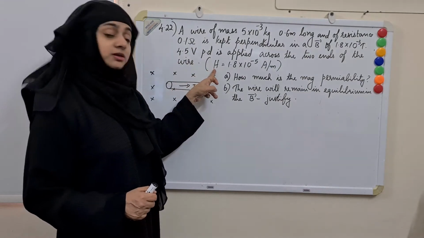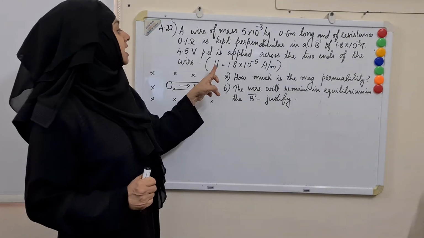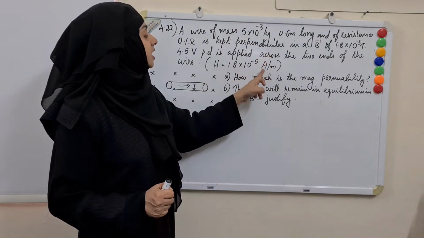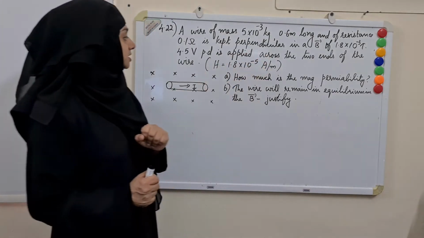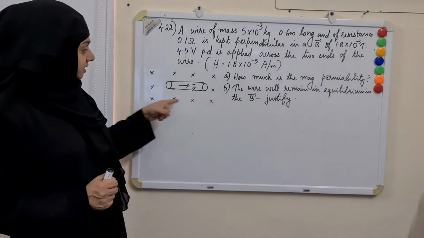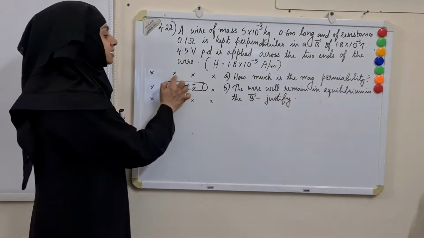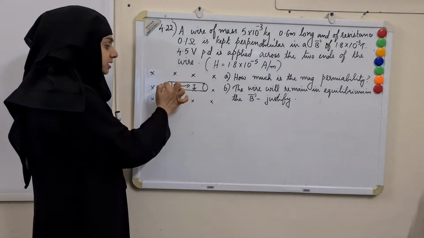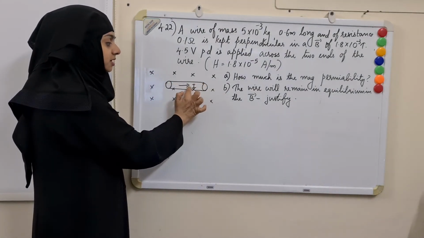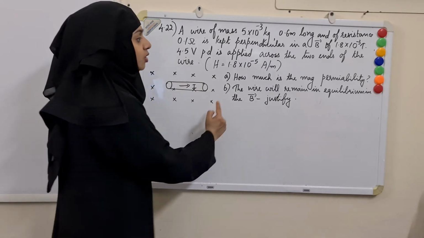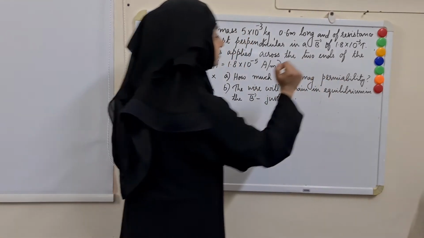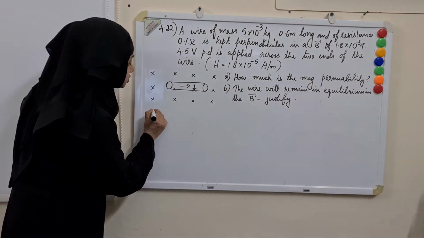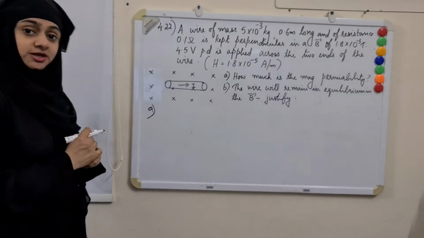And they have given magnetic intensity H is equal to 1.8 into 10 raised to minus 5 ampere per meter. So they have given this figure where a magnetic field is directed into this plane and there is a conductor carrying current I. How much is the magnetic permeability?